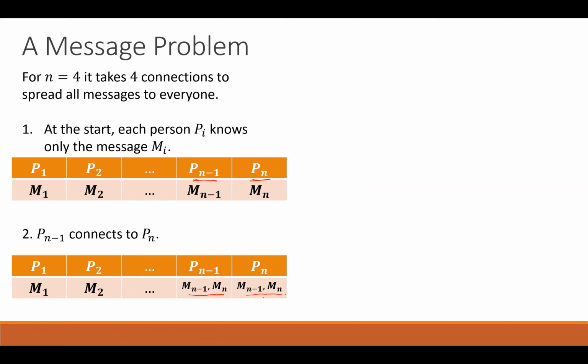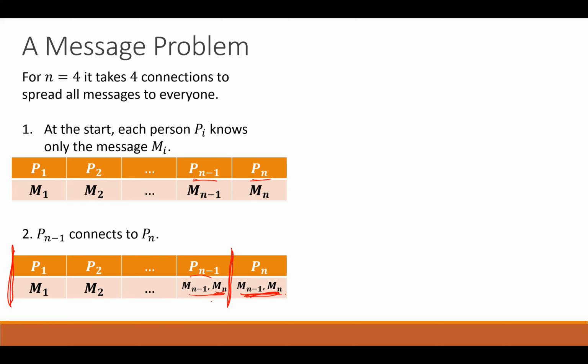Now, we are going to use our assumption that we can solve the problem for a smaller group of people. So what we're going to do is use recursion to solve it for this smaller set. And the nice thing about it is, because we did this first step where I had person Pn message somebody in this smaller set, now message n is part of the messages that Pn minus 1 knows.